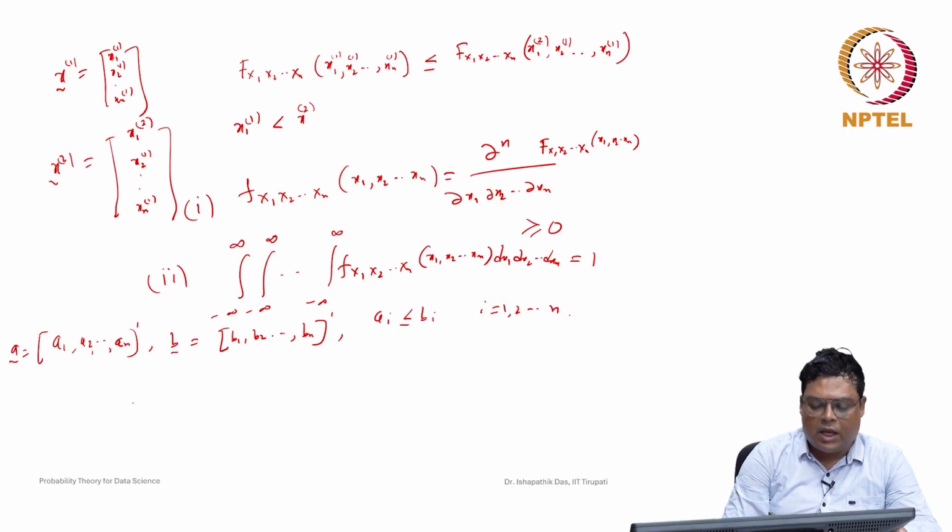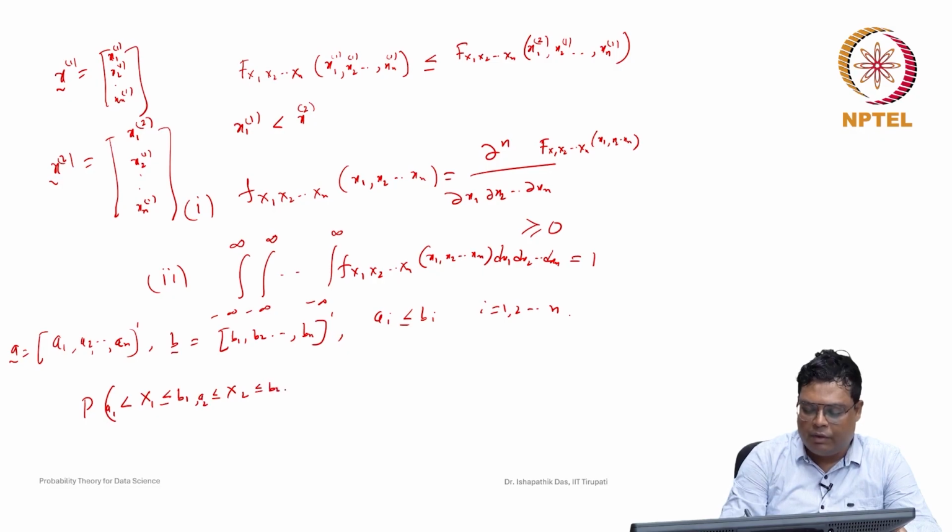What is the probability that x1 takes a value greater than a1 and less than or equal to b1, x2 takes a value greater than or equal to a2 and less than or equal to b2, and so on until an is less than xn less than or equal to bn?